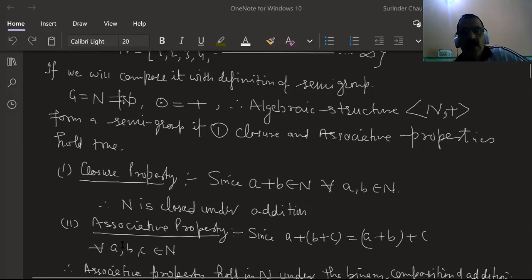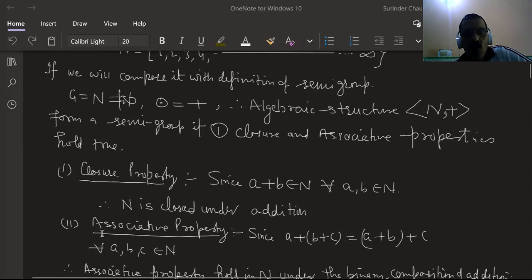Next is the associative property. Since a plus (b plus c) is equal to (a plus b) plus c for all a, b, c belonging to the set of natural numbers.